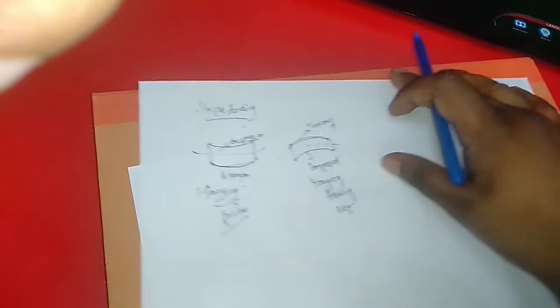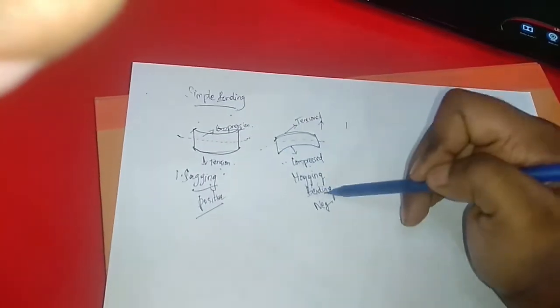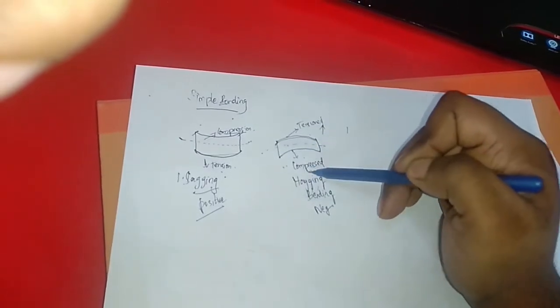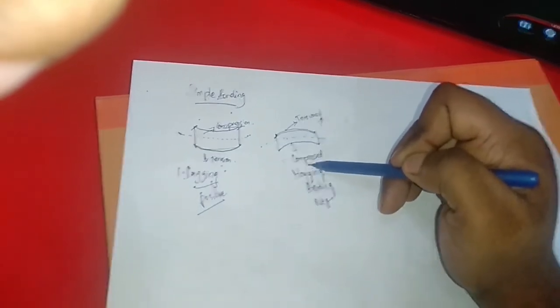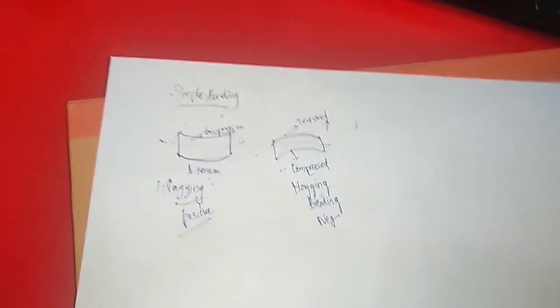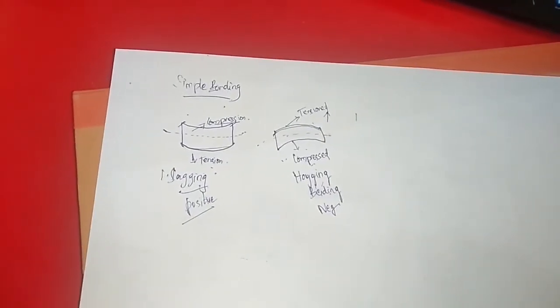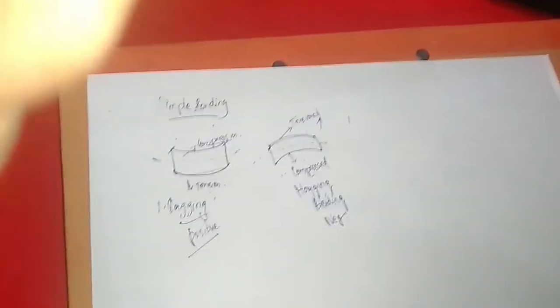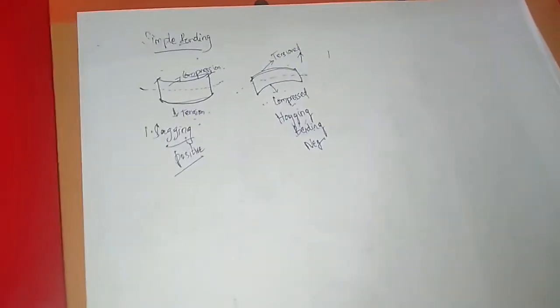In hogging bending moment, tension acts at the top of the beam and compression at the bottom. But in both cases, the neutral axis remains constant. There is no change in the neutral axis; it is neither in compression nor tension. You understand?